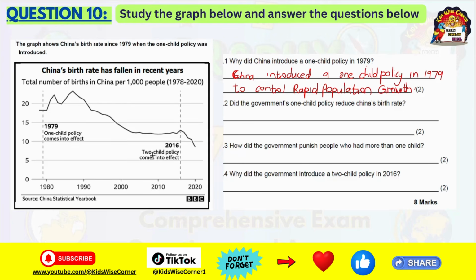Did the government's one-child policy reduce China's birth rate? Yes, the policy did reduce the birth rate significantly because you can see the decline.